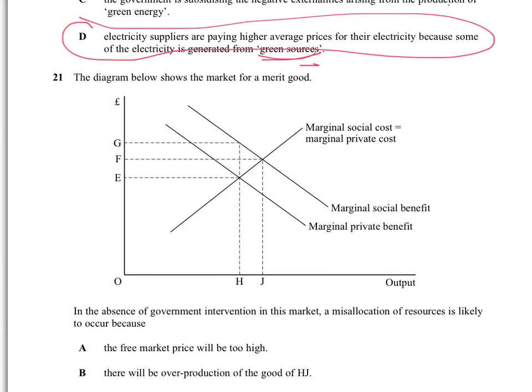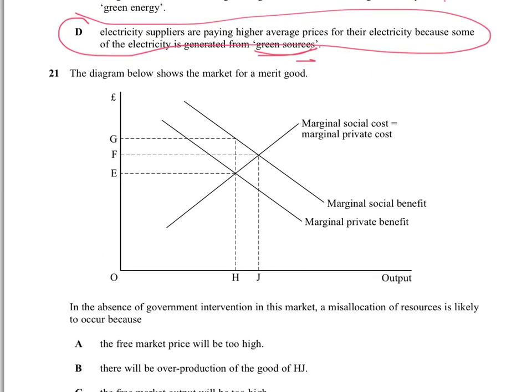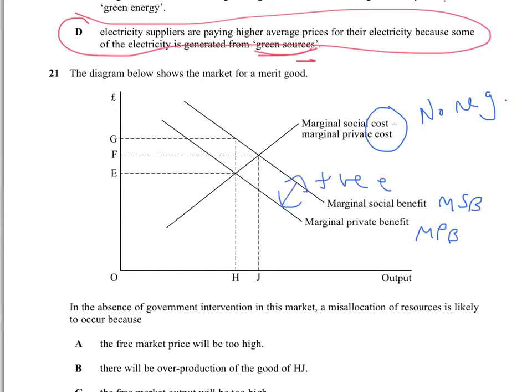21. We have got an externality diagram. We have got the marginal social and private costs the same. This means there is no negative externalities. However, the MSB, look, is more than MPB. This means here we have a positive externality. If we leave it up to market forces, supply and demand, it ignores an externality, so we would have H. But what is the social optimum?